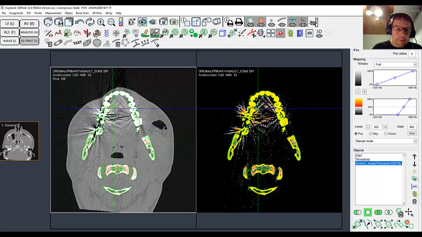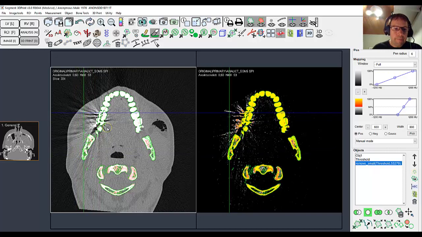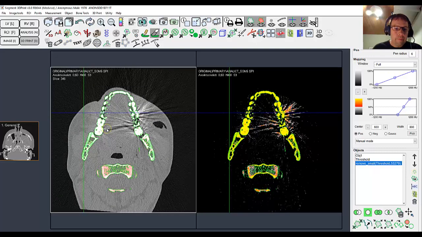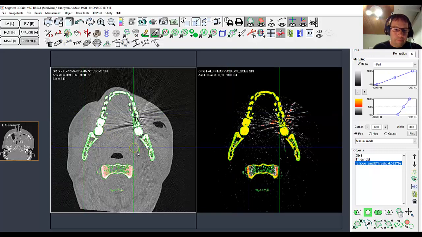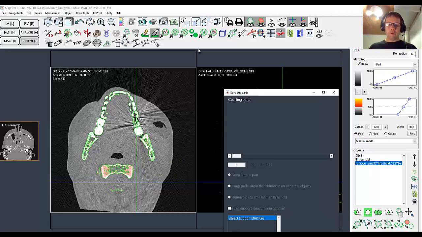Here we have some nasty artifacts, and dental artifacts are sometimes quite painful to remove. It depends on the application if it's important or not to get it completely perfect. In this application it's not super critical. So now we can remove small non-contiguous parts.